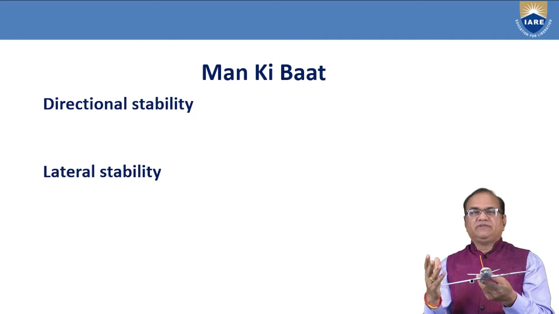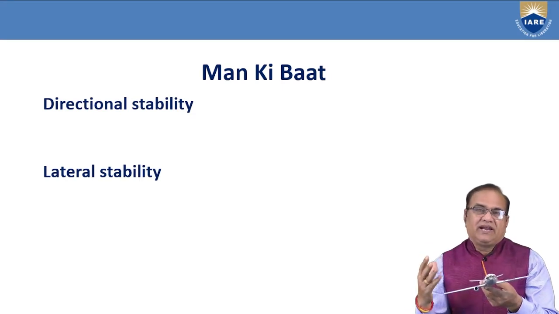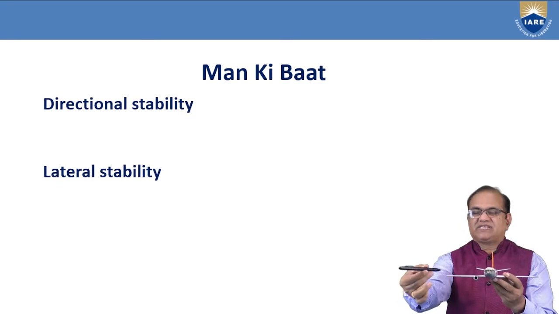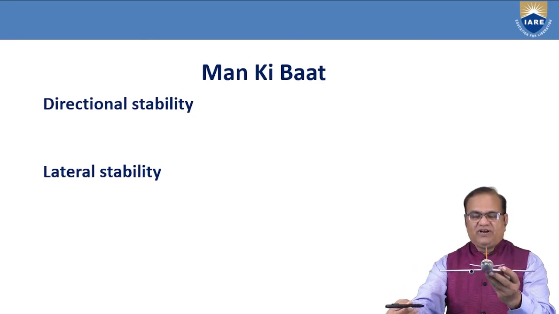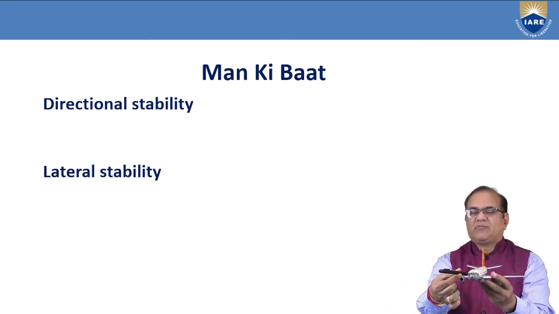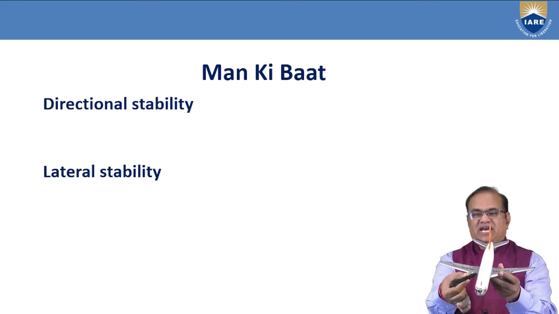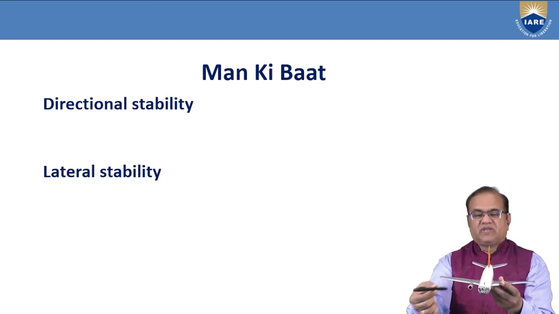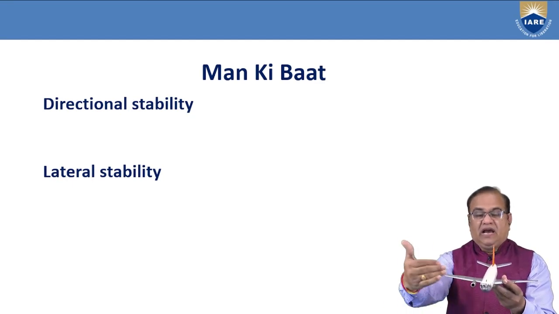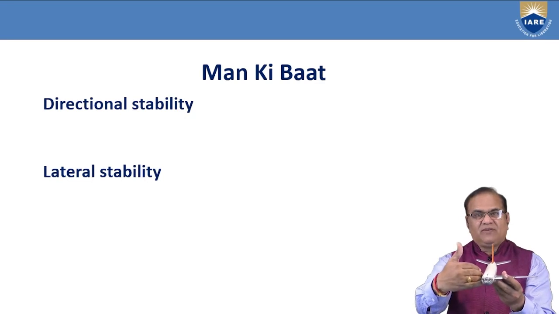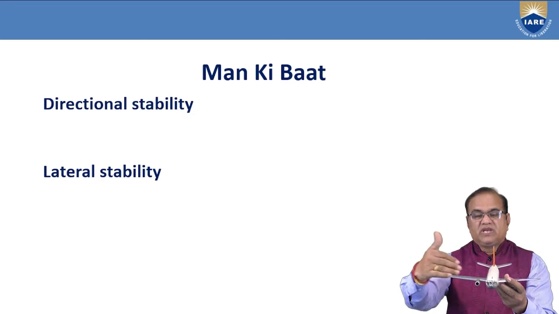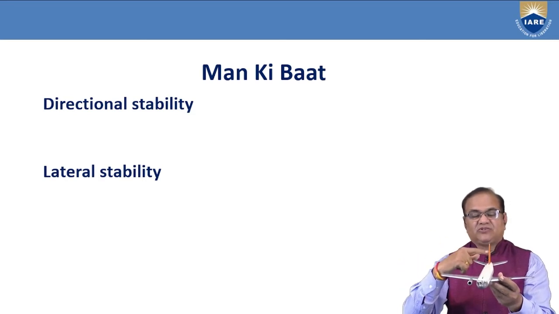Once we talk about directional stability, assume that the aircraft is going forward and a beta is approaching like this. This angle is beta from here to here, and if the gust came, then what will happen? This will also hit here. So if the beta is here, this will also hit.